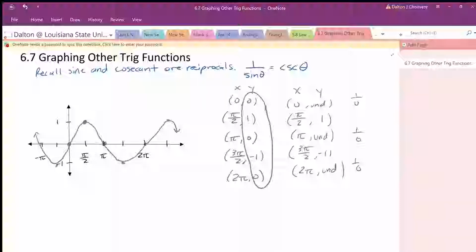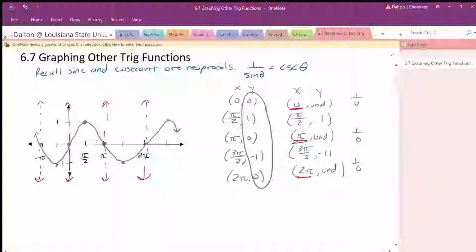They're going to happen anywhere that they were undefined. At x values of 0, pi, and 2 pi, I'm going to have vertical asymptotes there. So this is the first part of the cosecant graph.